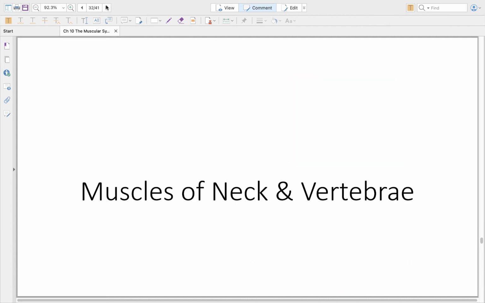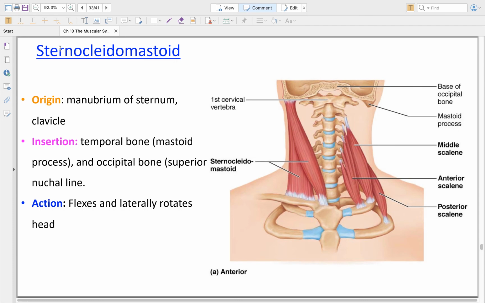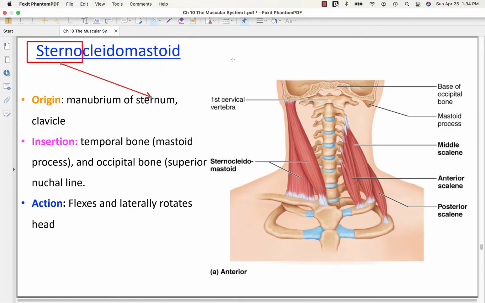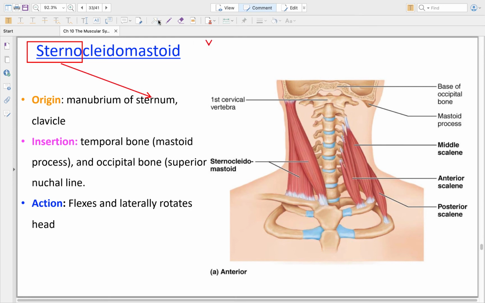We're going to look now at muscles of the neck and muscles of the vertebrae. The first one we're going to talk about is the Sternocleidomastoid. Now, based on the terminology that we've learned today, sterno means what? You said sternum, you are correct. Cleido, what does cleido mean? We just learned this.